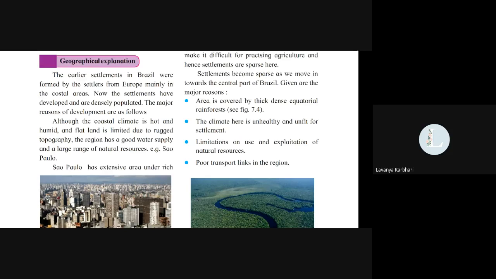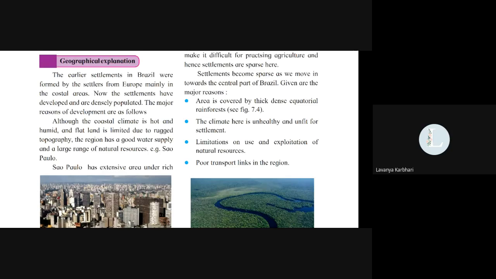Okay, we can see in the topographic map of Brazil that the coastal region is a very narrow strip. That's why the flatland is very limited. But still, their water supply is very good. Okay, in the coastal region, water supply is very good. Also, a large range of natural resources is available there.